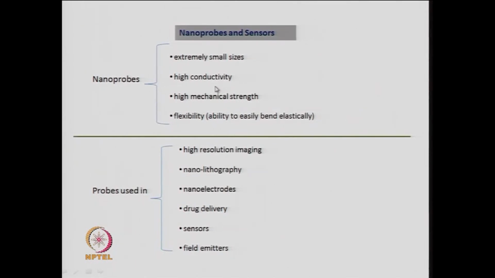because you can generate an electrical signal and this electrical signal can be accessed very fast if the conductivity is high. Apart from that, nanotubes have good mechanical strength and they also have flexibility. Consider a nanotube like a wire. If that wire is brittle, then it will break whenever it touches some material.